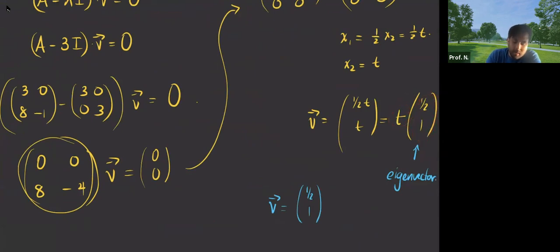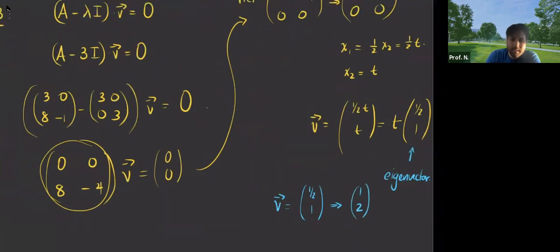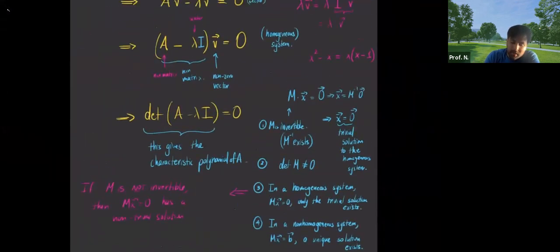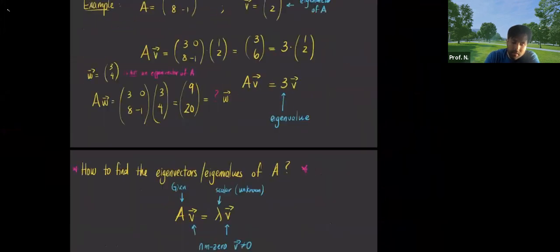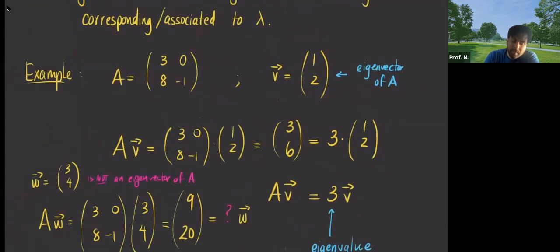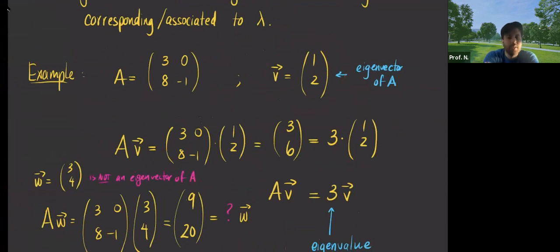And what do you get? And isn't this exactly the eigenvector that was said to be the eigenvector of A? 1, 2, 3, 6, 5, 10.